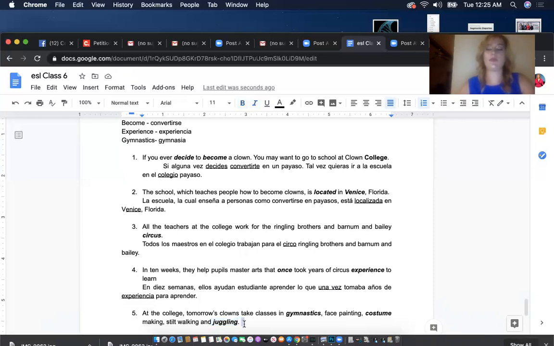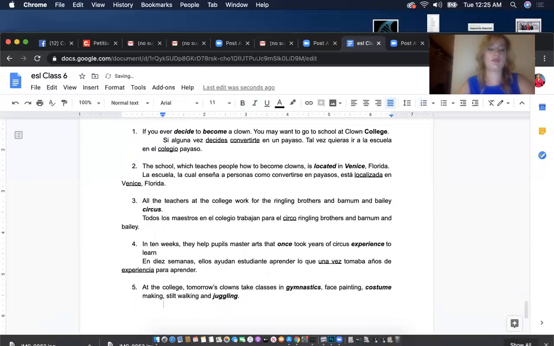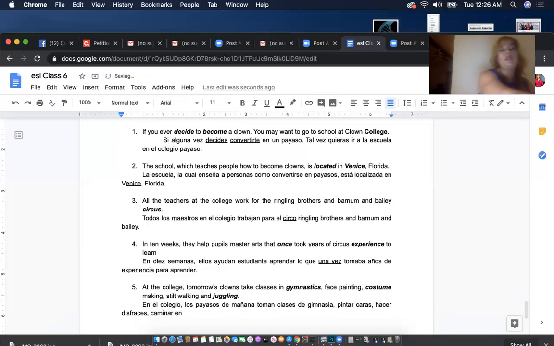So, vamos a traducir. En el colegio, los payasos de mañana toman clases de gimnasia, pintar caras, hacer disfraces, en stilts, esas cosas así como de plástico de madera que te hacen altos, los stilts.